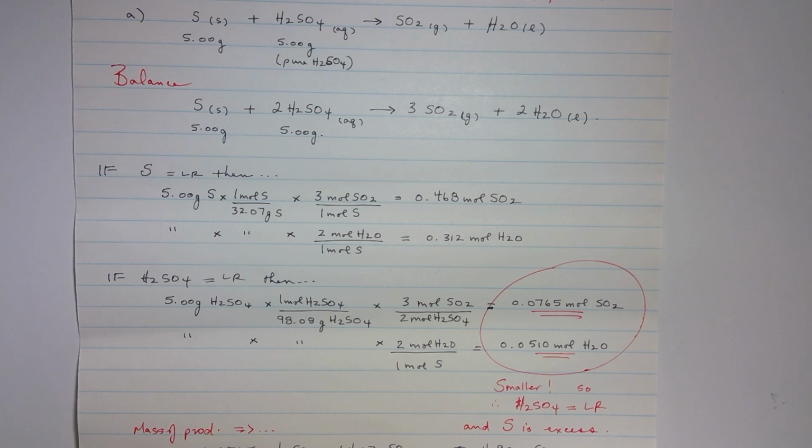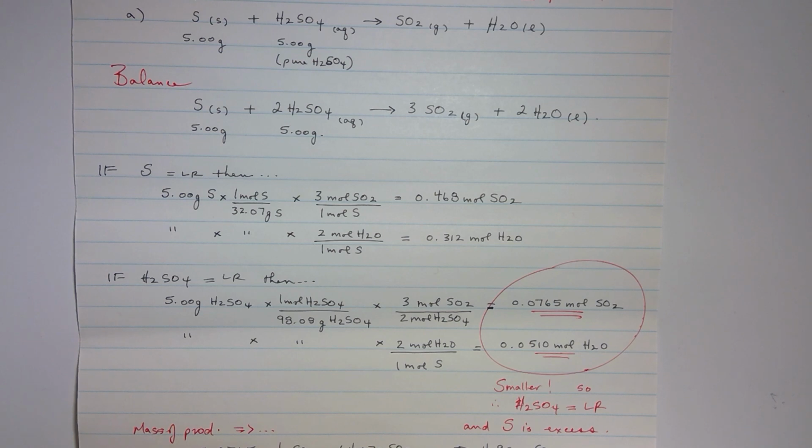Some of them are tricky, and you learn efficient ways of balancing. Anyway, there's the balanced reaction. There is an unwritten 1 in front of the sulfur, 2 in front of the H2SO4. The coefficients are 3 and 2 respectively for the products, sulfur dioxide and water.